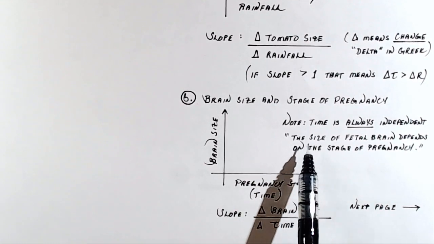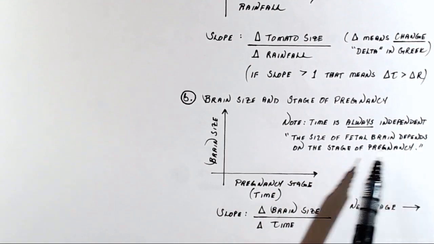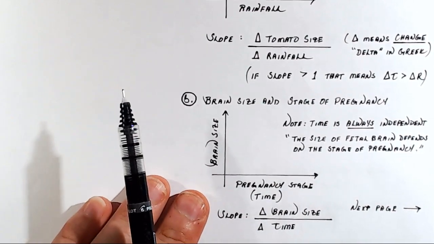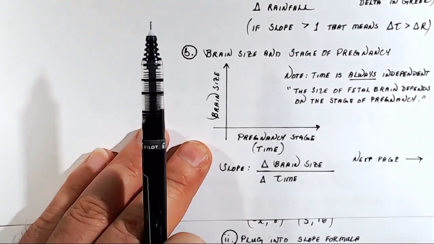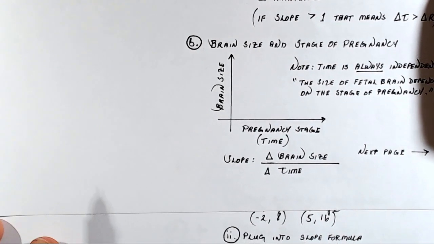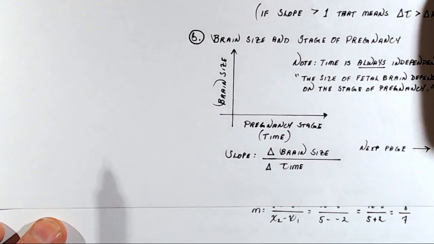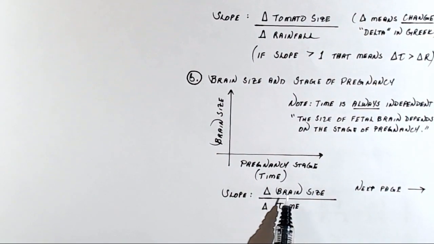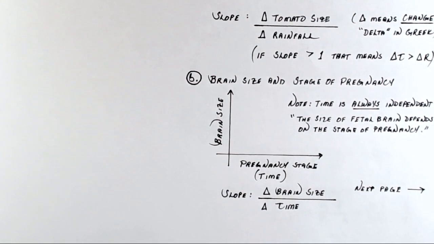So the size of fetal brain depends on the stage of pregnancy. To compute the slope of this situation, the change in the brain size divided by the change in time will give you the slope, or the rate of change.